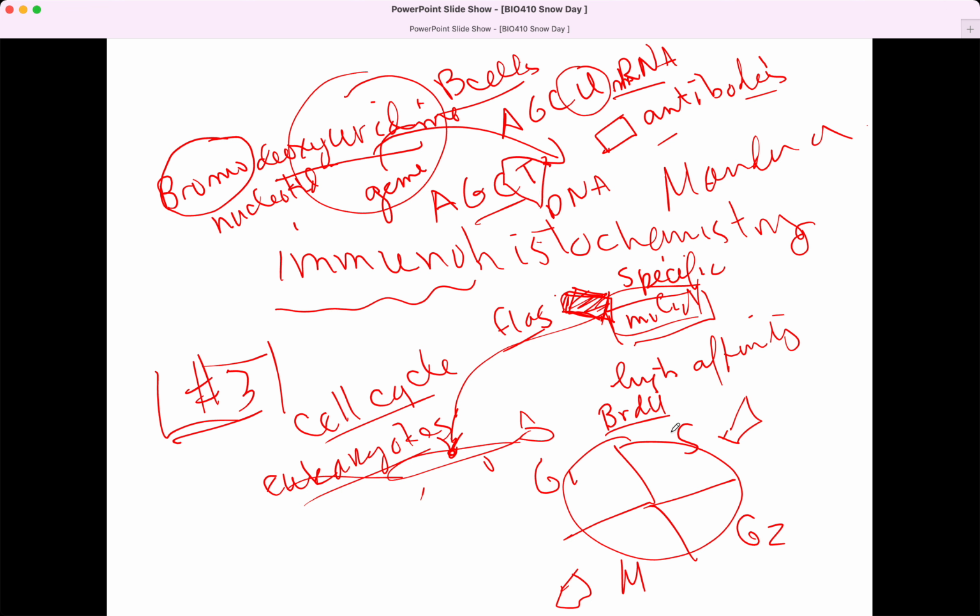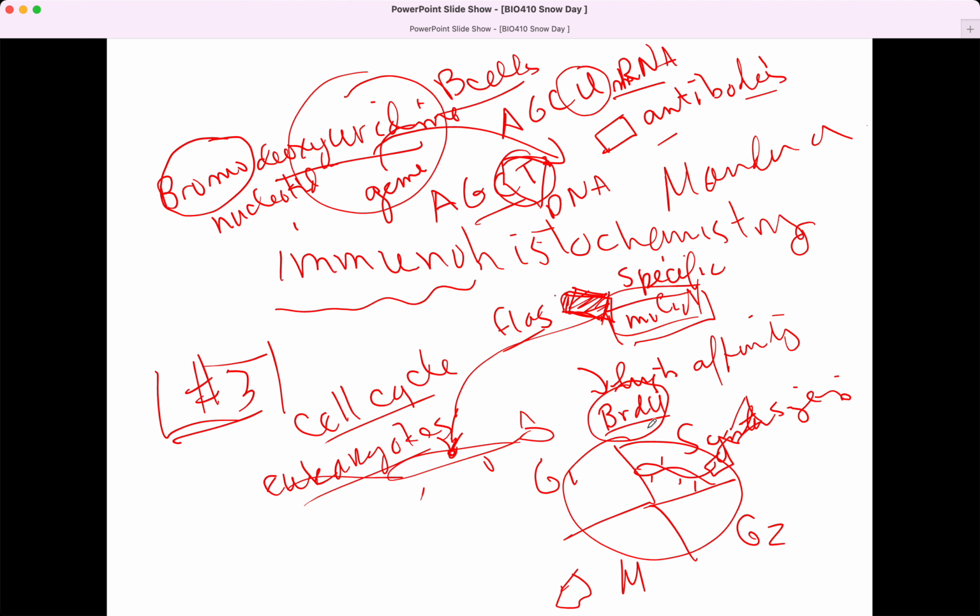And so if a cell is in S phase, it's synthesizing DNA. It's copying its DNA. It's replicating its DNA. And if we take living cells and add BrdU, the BrdU will get incorporated into the DNA. And it will get incorporated everywhere there's a T, or most everywhere there's a T, there'll be a BrdU. And we have an antibody to it.